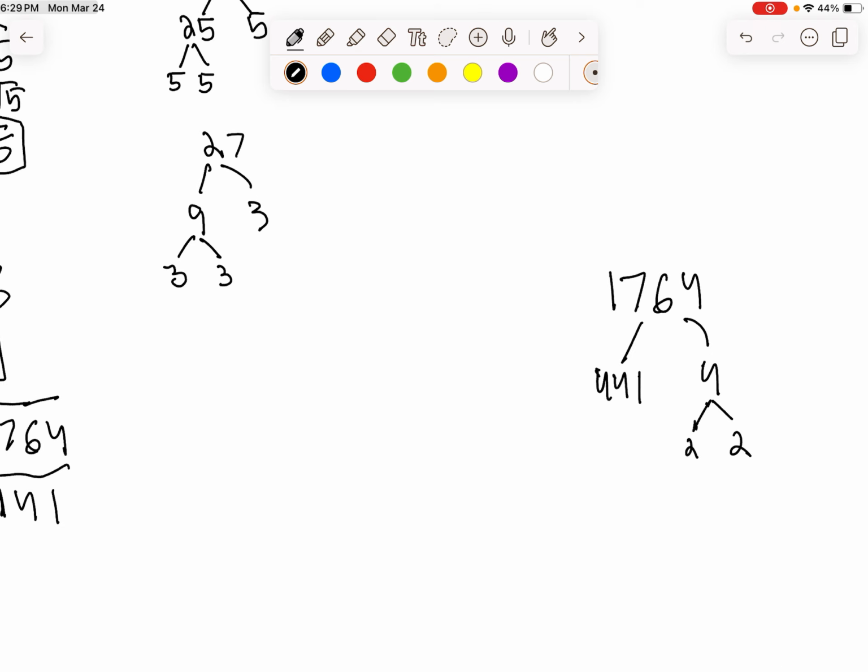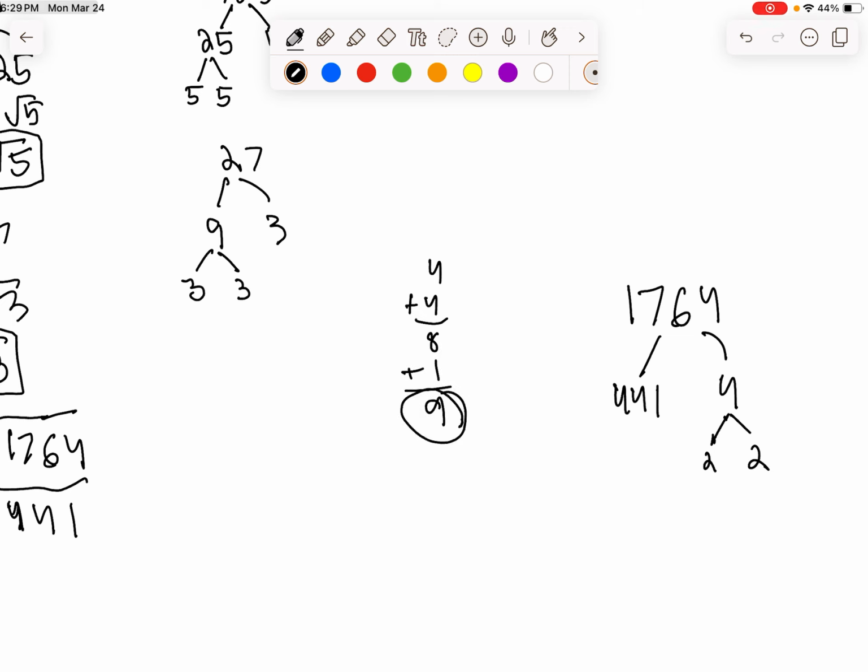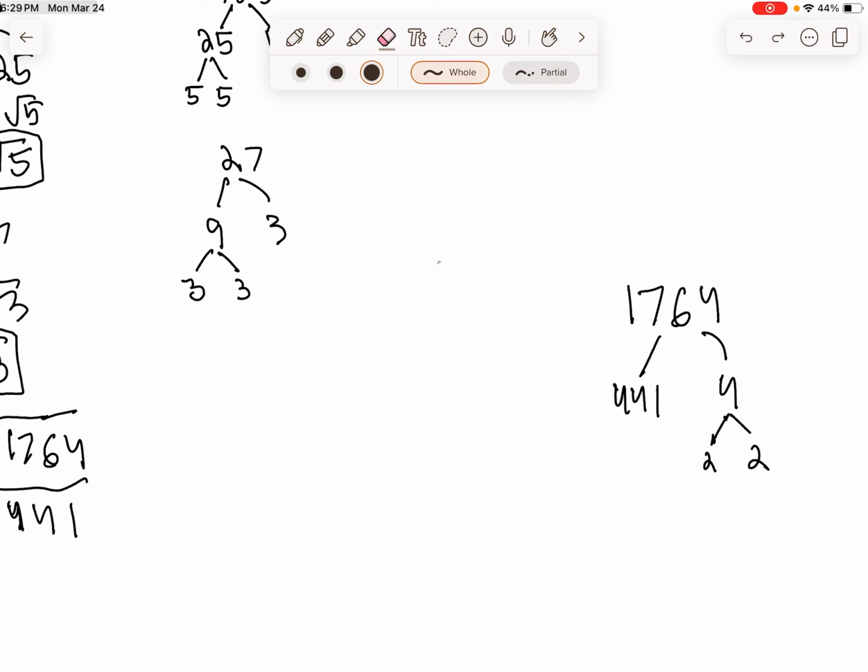When you take any number, for example 441, and add up the digits, 4 plus 4 is 8, plus another 1 is 9. If the number you get when you add up all the digits is divisible by 3, then that number is divisible by 3. So we'll take 441, divide by 3, and see if we get something without a remainder.